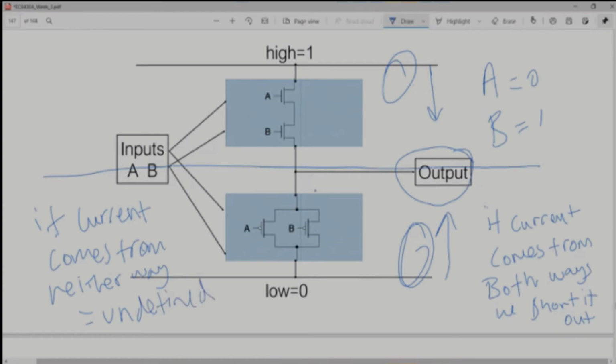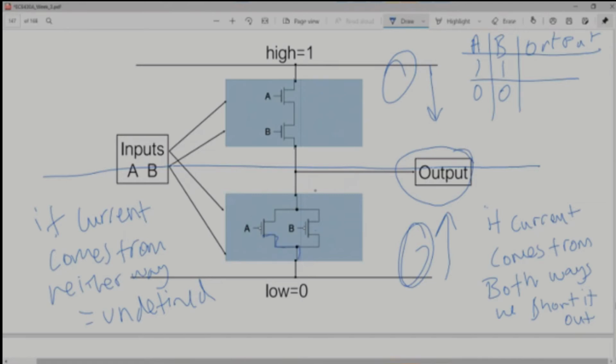So let's draw a truth table. Do you guys want to draw a truth table? Okay, so we're going to have A, B, and output. We can either have 1 and 0, and then let's have our little outputs there. Let's start with when A is 1 and B is 1. When A is 1, can we go up this way?